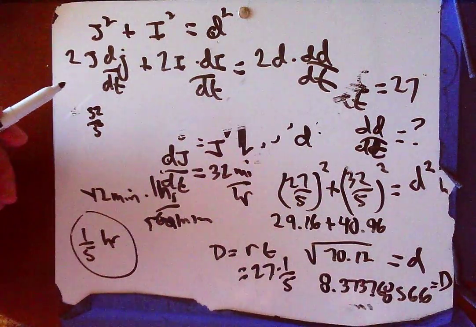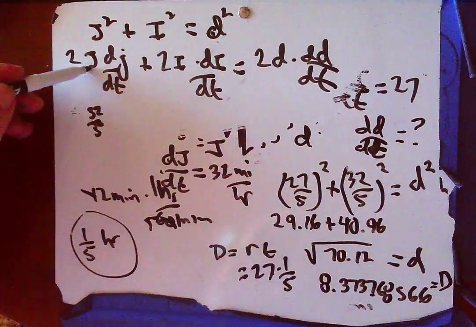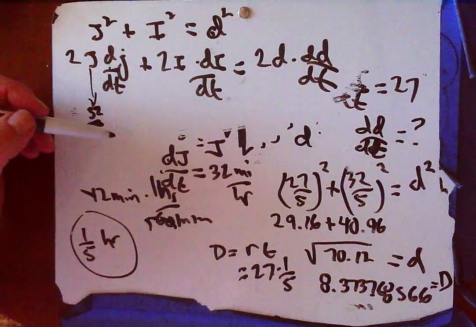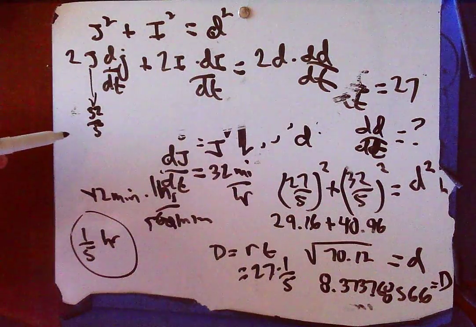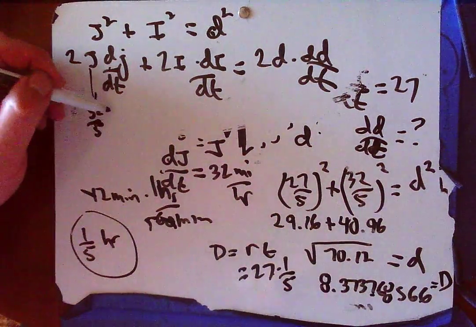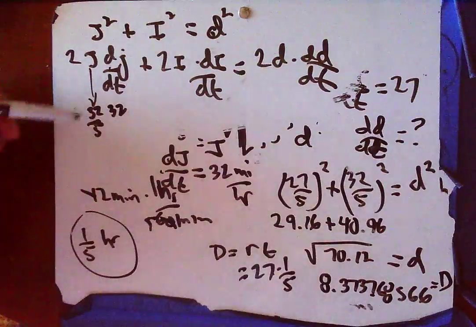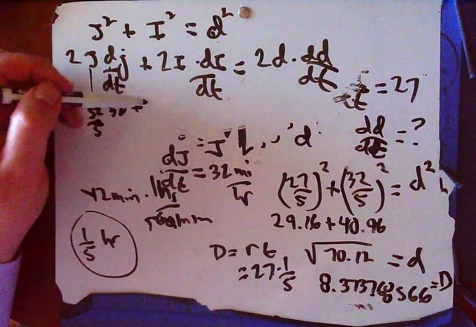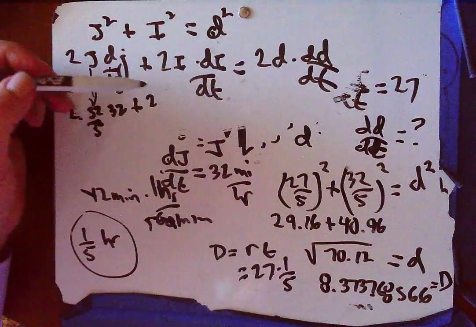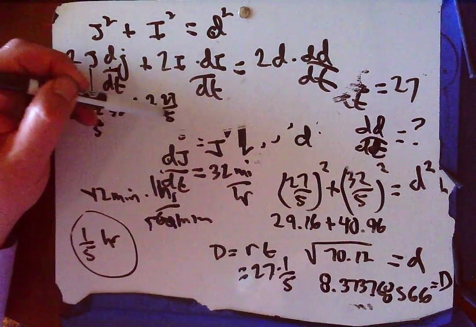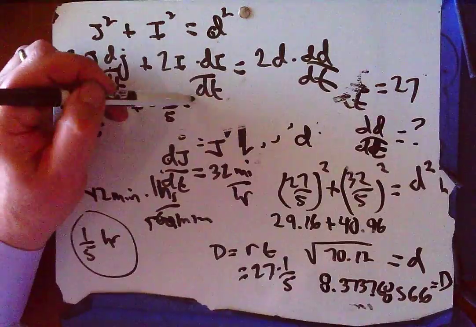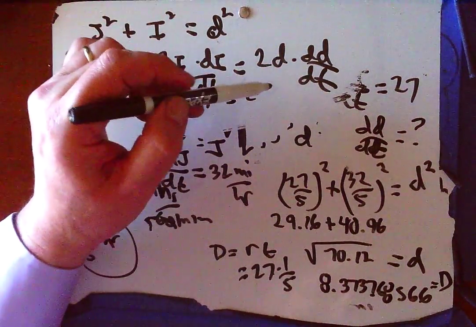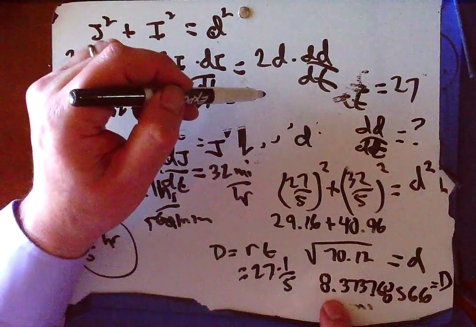Oh, those are the miles per hour. Okay, so that's the distance. And their rate, how fast were they going? Jade was going 32 times 2 plus 2. Isaac was 27 over 5. dI/dt is 27, equals 2 times d.